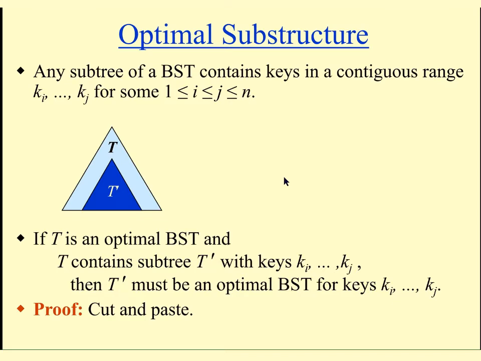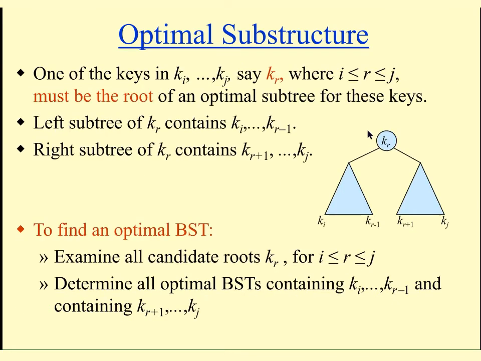Let's look at how to do the formulation for this optimal substructure. For example, if one of the keys from ki to kj, say kr, is the root, then this must be the root of an optimal subtree for these keys.